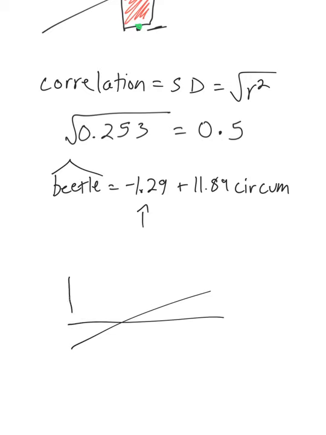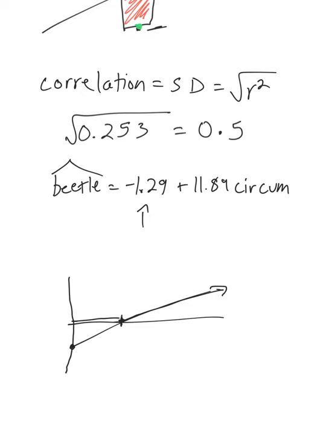We don't really have negative beetles, it's probably just zero. At some point, the tree is so small, it's not going to have any beetles on it. It's at a certain point when a tree gets to a certain size that it starts to have beetles on it.